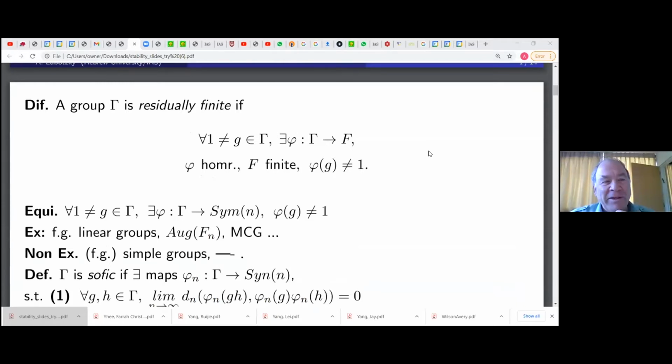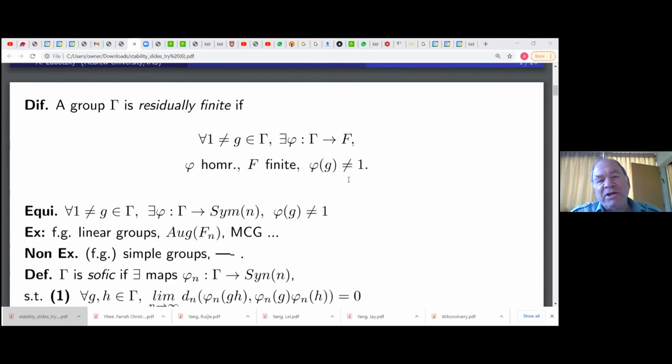A group is called residually finite if for every g different than the identity in gamma, there exists a homomorphism from gamma to a finite group F such that phi of g is not one.